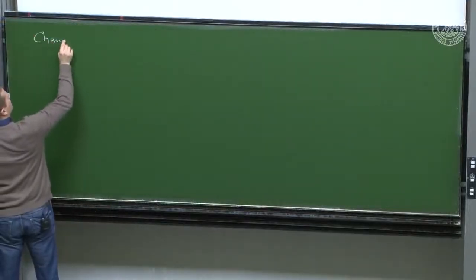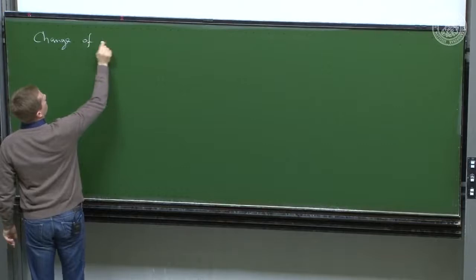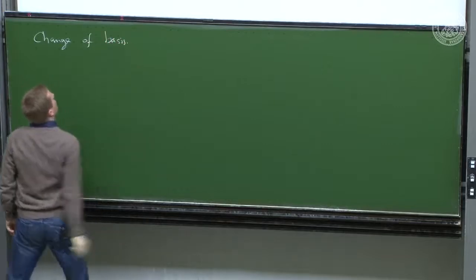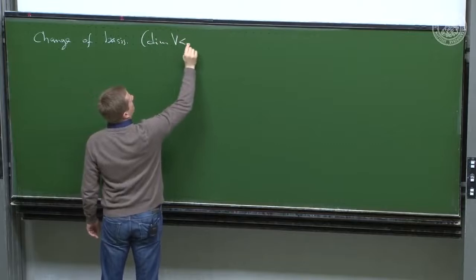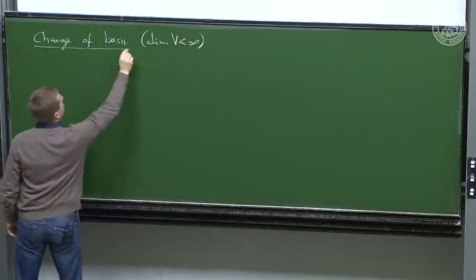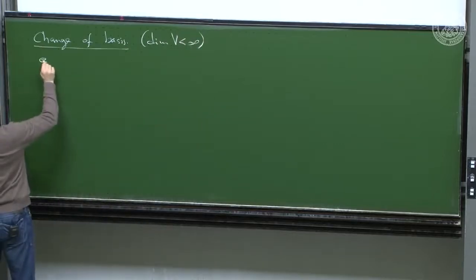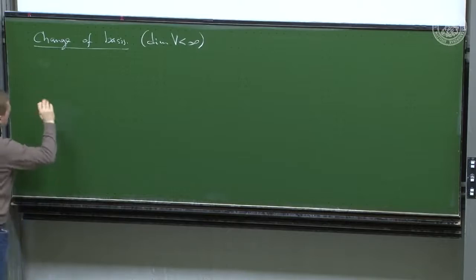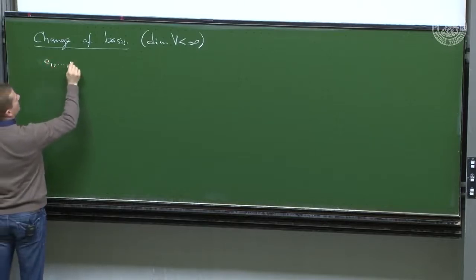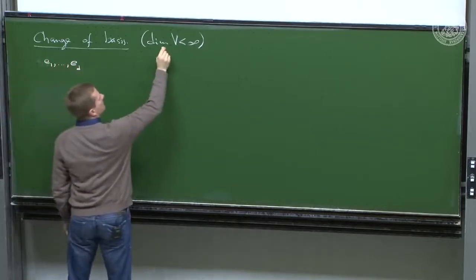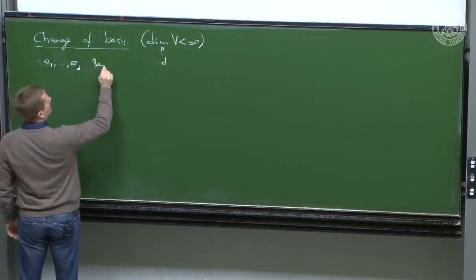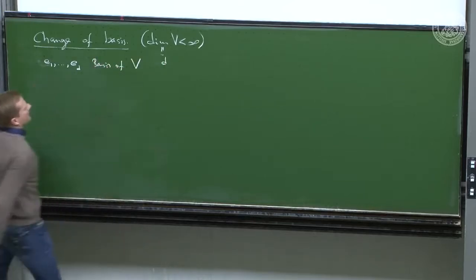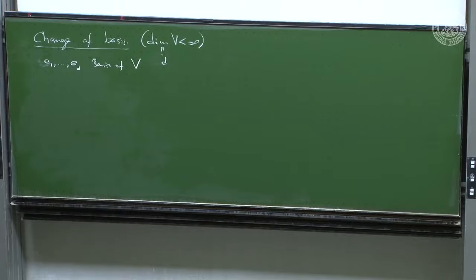Because it's in every textbook and it has practical importance, let's briefly talk about the change of bases. So again, we have finite dimensional vector spaces. Let's say E1 to ED, and let's call this dimension D for short, is a basis of whatever vector space we look at.